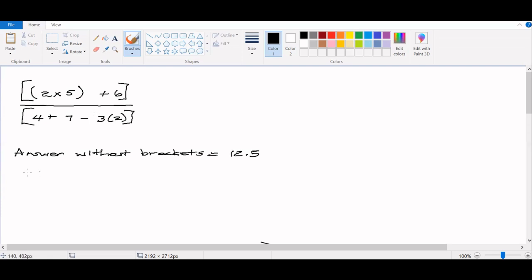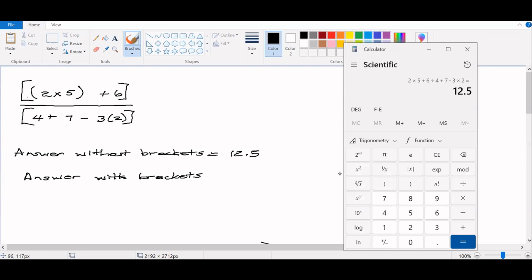So let's look at the answer with brackets. So just as I have it here, that's how I'm going to put it. So I'm going to start with a bracket, right? And then I'm going to put another bracket, because I have 2 multiplied by 5 in a bracket, plus 6, close my bracket, right?